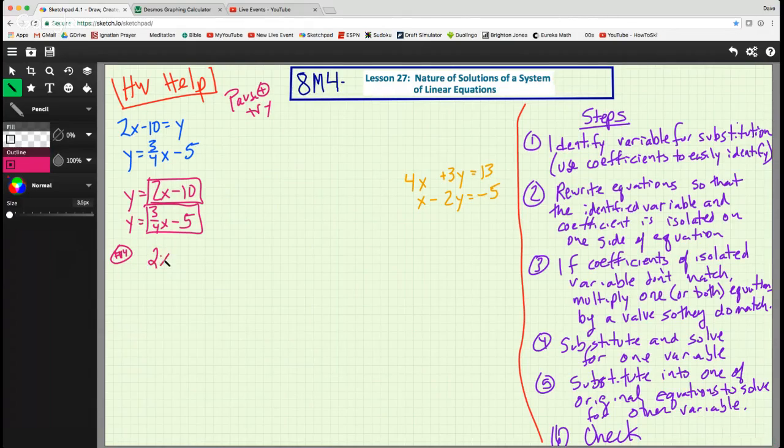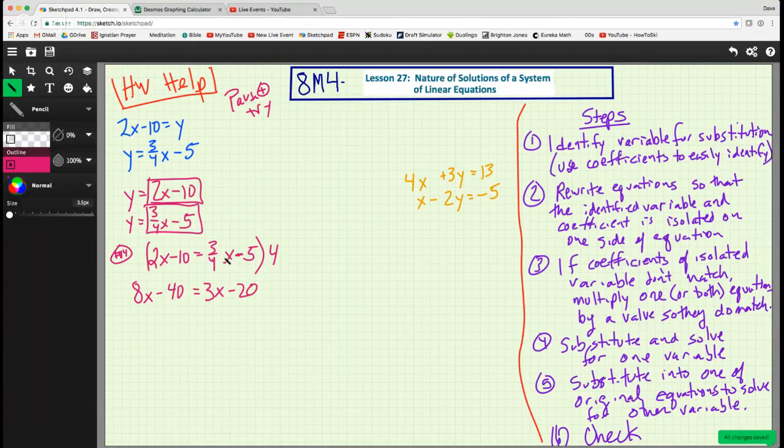We say, well, 2x minus 10 equals 3/4 x minus 5. Now when I'm solving, I like to get rid of fractions. So I'm going to multiply all my terms by 4, and I get 8x minus 40 equals 3x minus 20. See why I multiplied everything by 4?